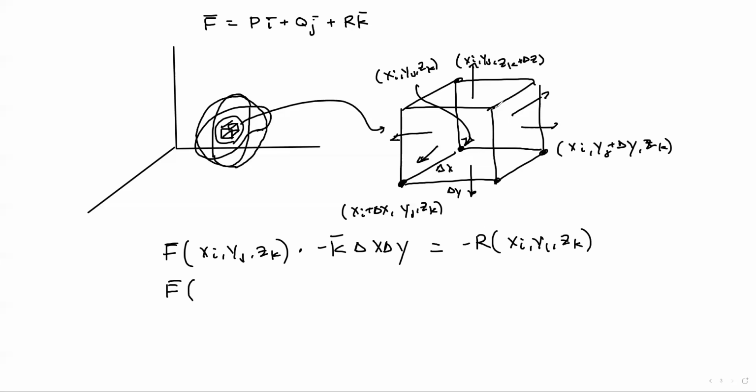But similar to Green's theorem, we're assuming that this cube is small enough that we have consistent behavior across the entire top, not just at this point, but at all four points. So we'd have x sub i, y sub j, z sub k plus change in z. That's this point right here. Then we're going to dot product that with, for the top, positive k. We still have change in x, change in y for the size.